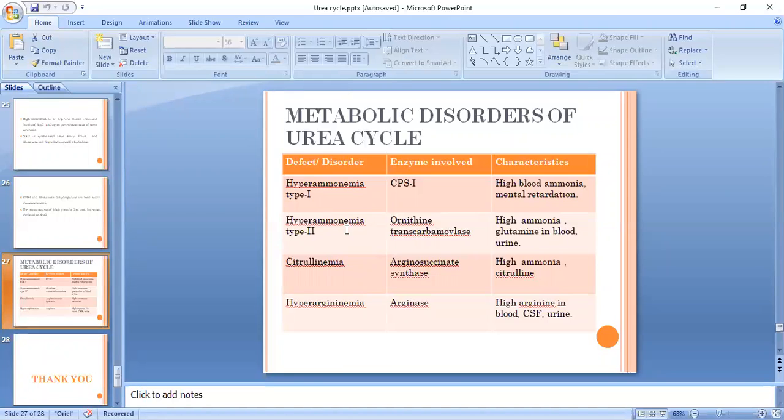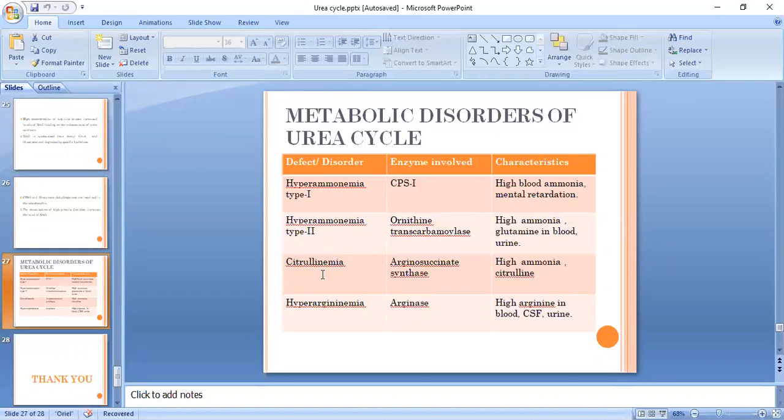The next is citrullinemia. Citrullinemia is a condition where the citrulline concentration is high in the body. In the urea cycle, citrulline formation is the second step. That means the carbamyl phosphate which is produced in the first step gets converted into citrulline.